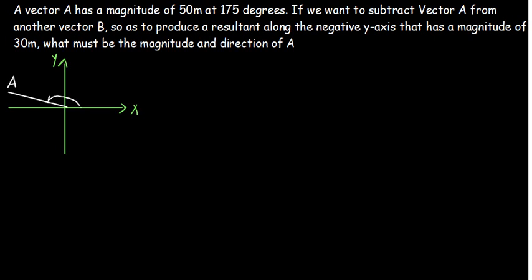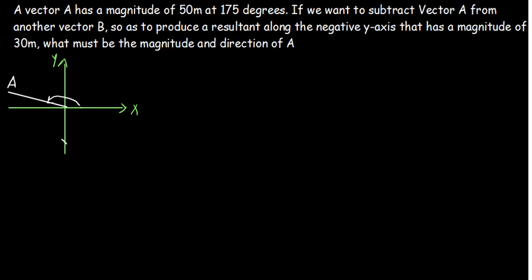Now we've been told if we want to subtract vector A from another vector B, we are going to produce a magnitude of 30 meters, and that vector is going to be along the negative y-axis. In other words, the resultant that we want to produce should be along the negative y-axis. Where is the negative y-axis?